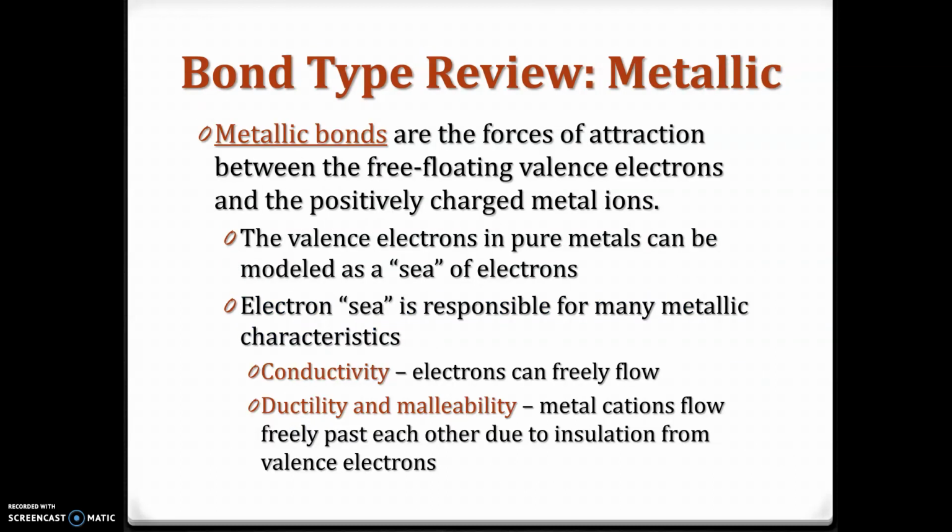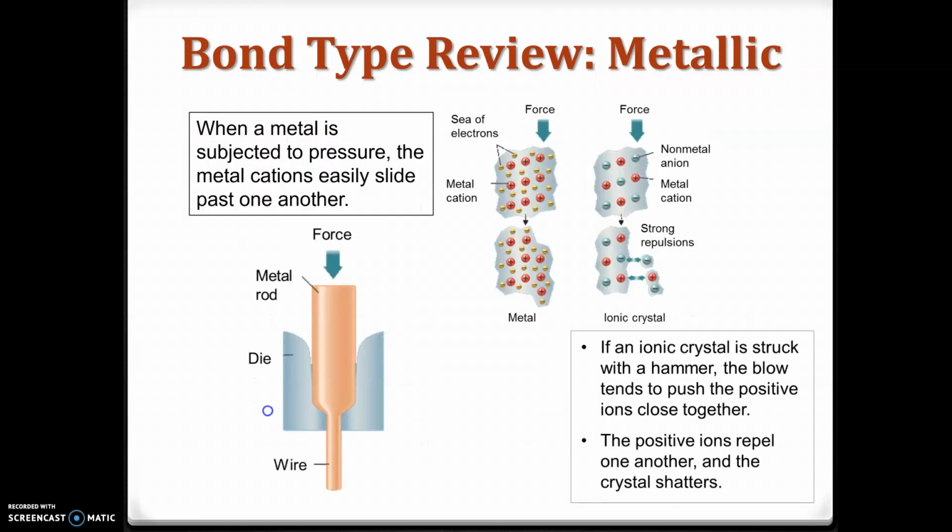And then I pulled out some information from the video that you watched on metallic bonds to review that information, so that you had something concrete to review when you need to look back over that before the quiz.